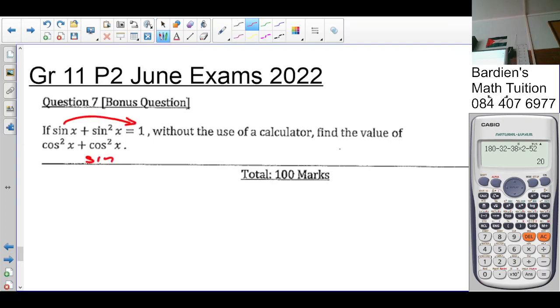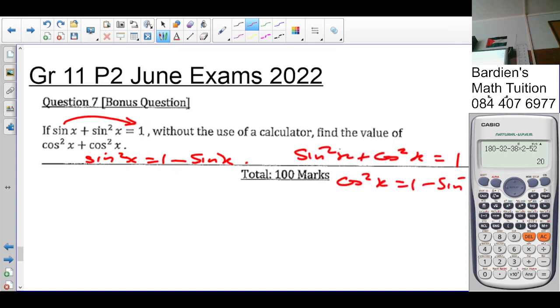So sine squared x is equal to 1 minus sine x. Now sine squared x plus cos squared x is equal to 1, so cos squared x is equal to 1 minus sine squared x.